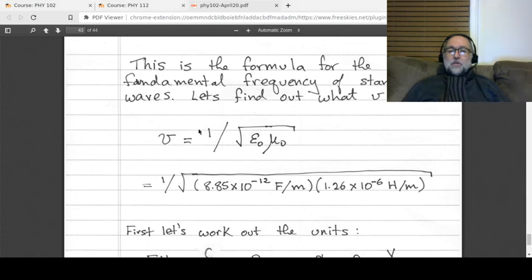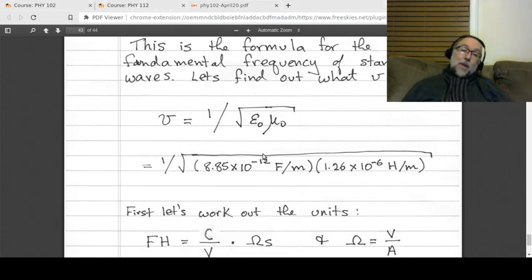So we plug in the numbers for the permittivity and permeability of free space. The permittivity has units farads per meter. The permeability has units henries per meter. Okay, let's look at the units first, because we want to make sure that we get the right units here. I mean, I called it V, but do we know that this is a velocity? Well, let's see if the units work out.